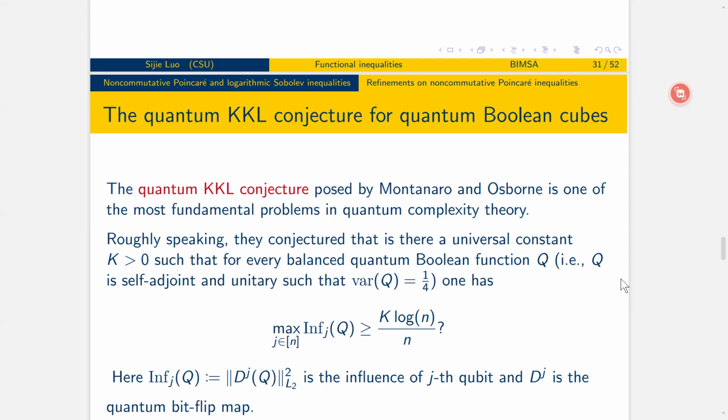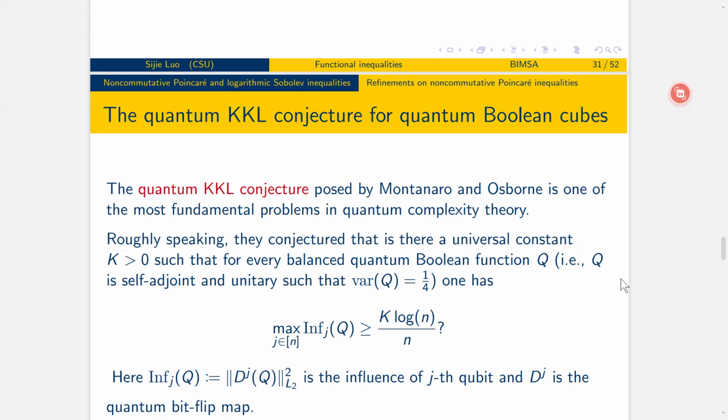What do they conjecture? They conjecture there is a universal constant, such that for every balanced quantum Boolean function, where a balanced quantum Boolean function satisfies the following: the operator is unitary and balanced with 1/2.